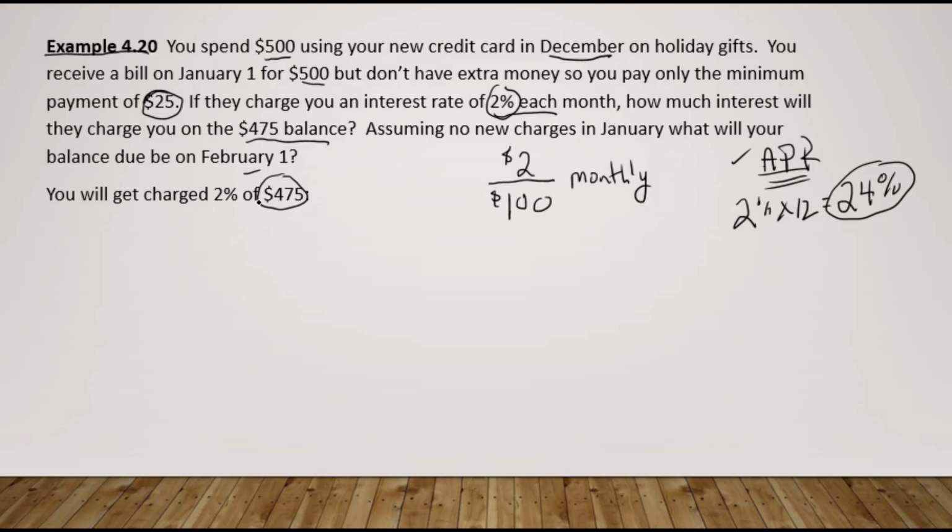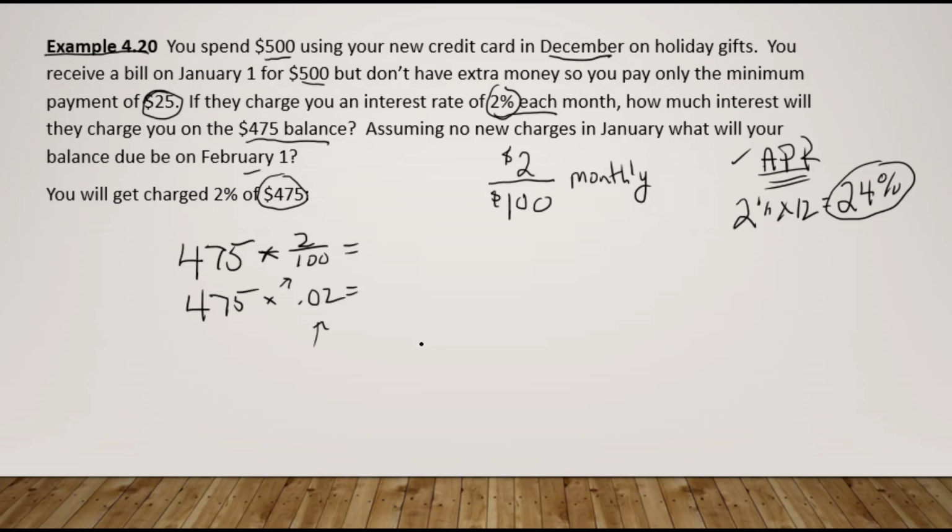So to determine how much you're going to pay for the month, you can do it one of two ways. You can just simply take 2% of 475, which you could also put in like this. Because these are the same.